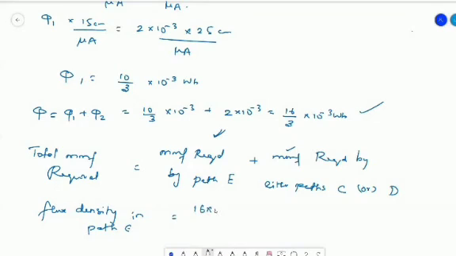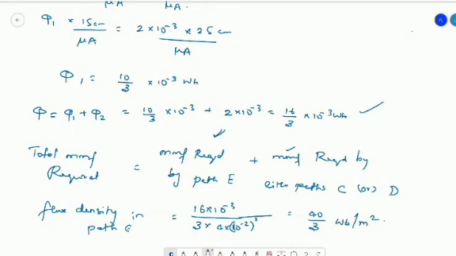So it is 16 into 10 to the power minus 3. So this 16 by 3, 10 to the power minus 3 divided by 4 into 10 to the power minus 2. So we'll be getting around 40 by 3 Weber per meter square.